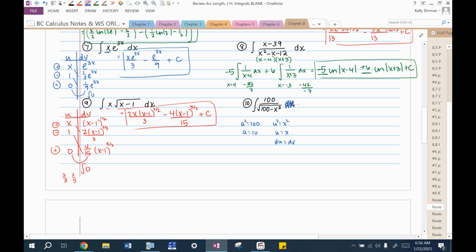So that's just going to be a du. The 100 can go out in front. So this is 100 times the integral of 1 over the square root of a squared minus u squared du. And that's arcsine. So the integral for this will be just arcsine. It's no 1 over a. So arcsine of u over a, so x over 10, plus c.